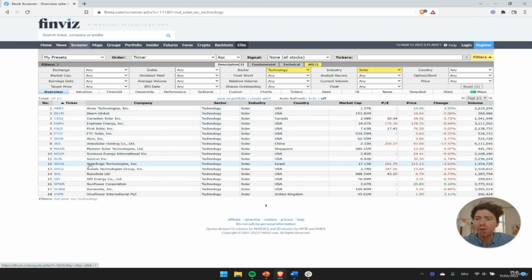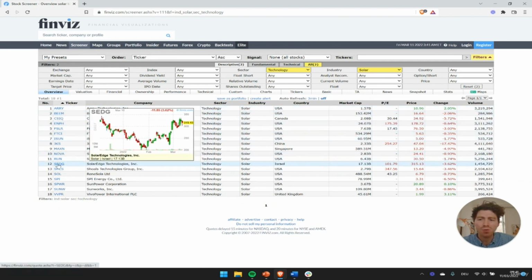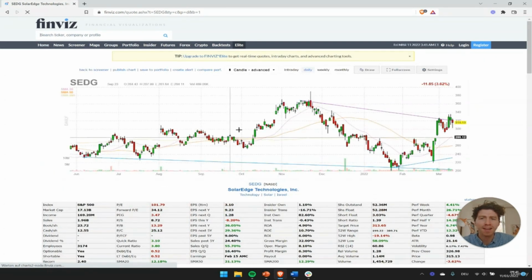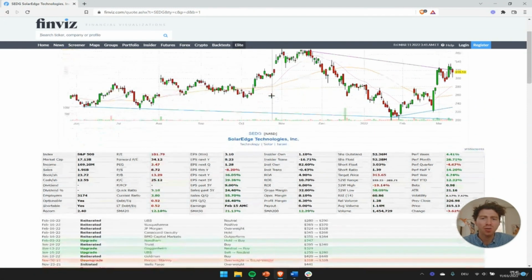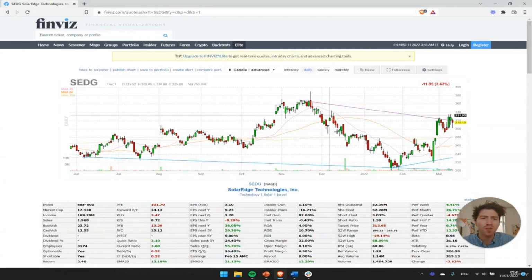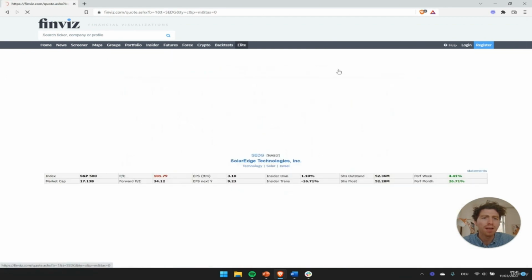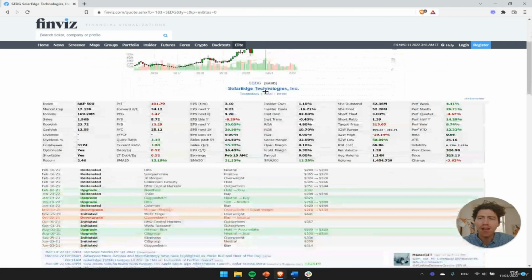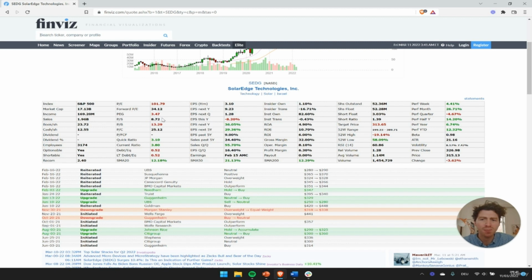Here we find SolarEdge, which was also presented as one of our growth stocks. For SolarEdge, you have the chart where you see how the price was developing over history. You can choose between daily, weekly, and monthly. And you also have the most important ratios: income, sales, price to earnings, price to sales, and so on, previous performance.